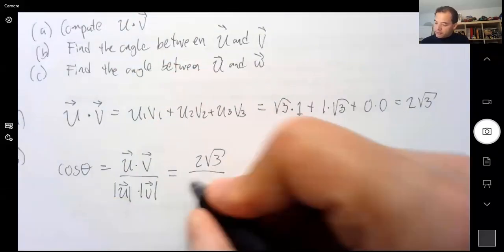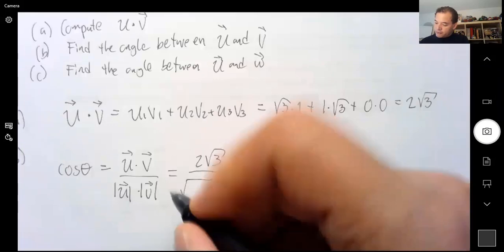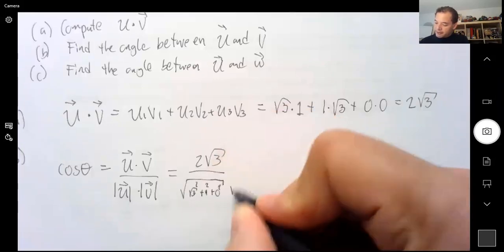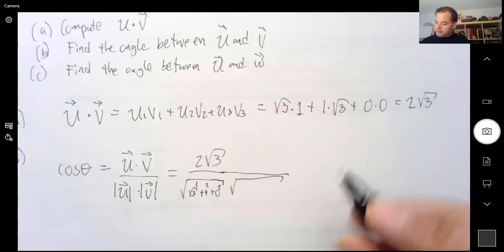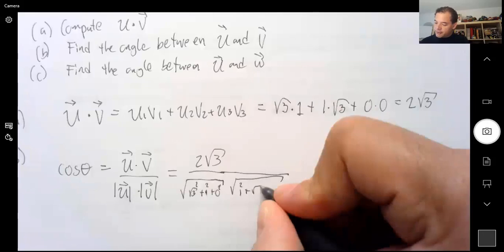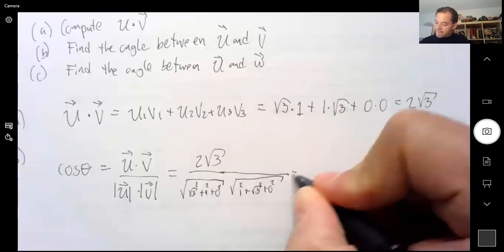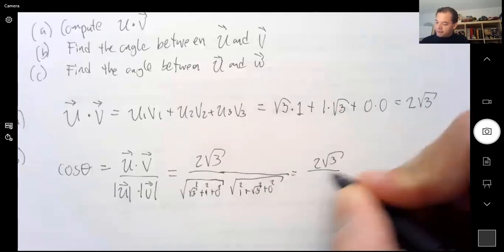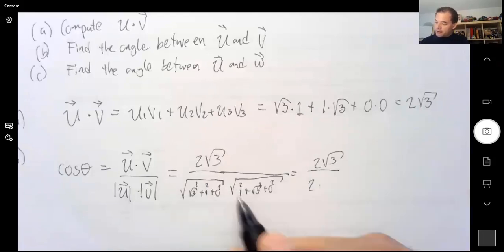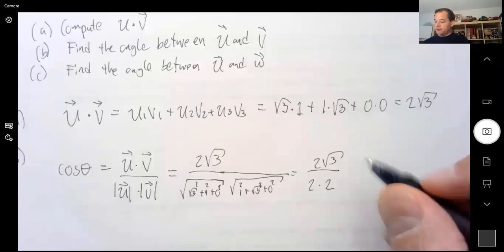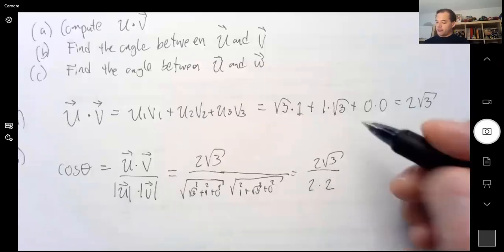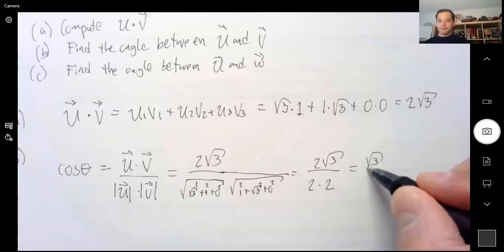The magnitude of u is √3 squared plus 1 squared plus 0 squared, and the magnitude of v is 1 squared plus √3 squared plus 0 squared. So this is 4, square root of 4 is 2, and this is also 4. So square root of 4 and a square root of 4. So one of these two cancels, so we get square root of 3 over 2.